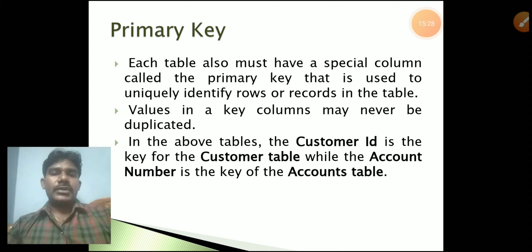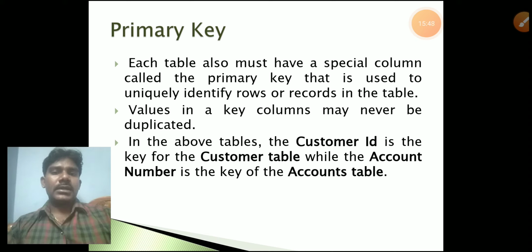Next, in the above tables, customer table and account table, customer ID is the primary key of the customer table. If you look at the primary key of the customer table itself, it is customer ID.